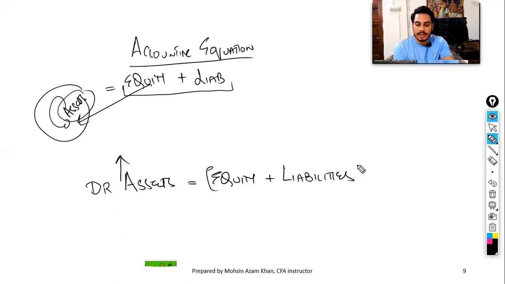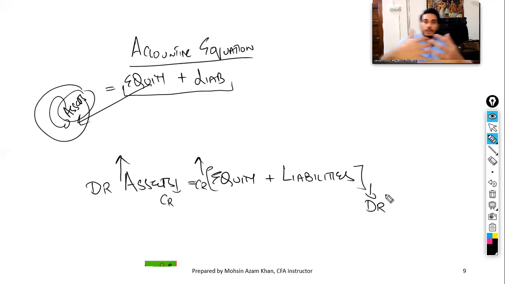And if this side increases, we say that the transaction is being credited. And vice versa, if this side decreases, it is called credited, and if this side decreases, it is called debited. And always remember, both sides of the equation will always stay in balance.